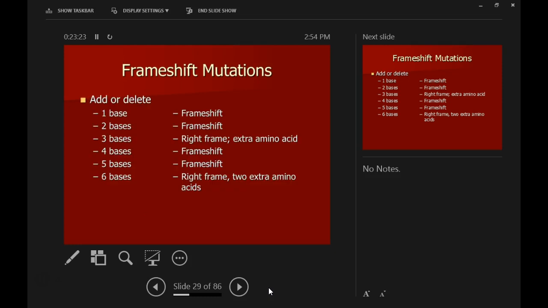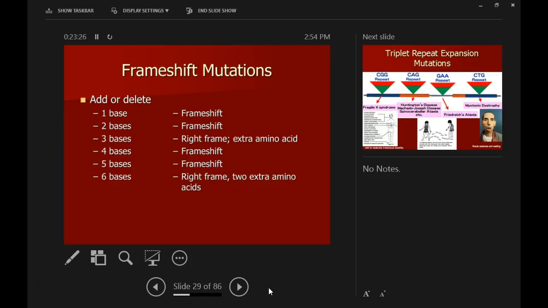So if we look at the general category, if you add or delete a single base, that's going to result in a frame shift. If you add or delete two bases, you're going to also have a frame shift. But if you add 3 in a row, you're going to have an extra amino acid, but we get the same exact frame as the original. So we end up in the right frame. If we add 4, 5, 6, it's not going to be a frame shift.